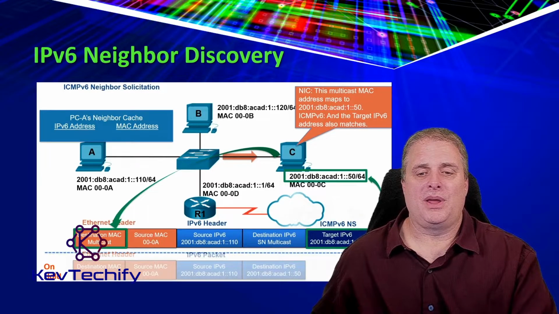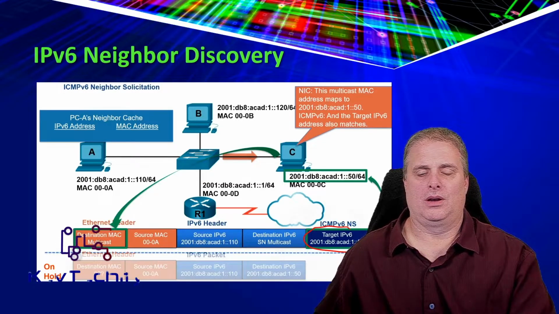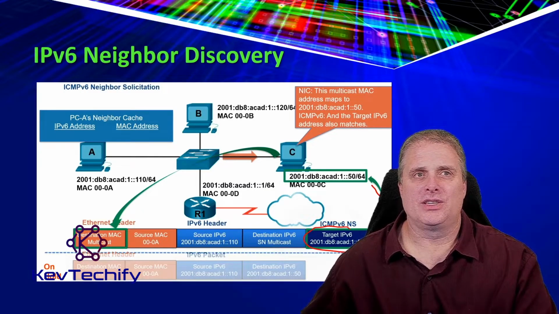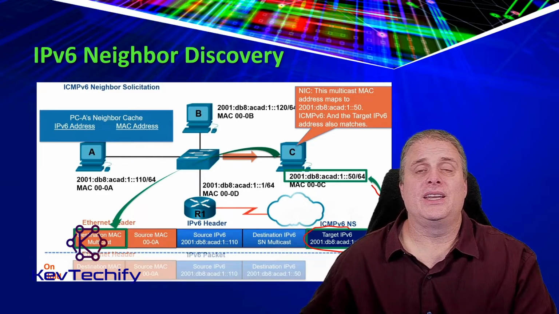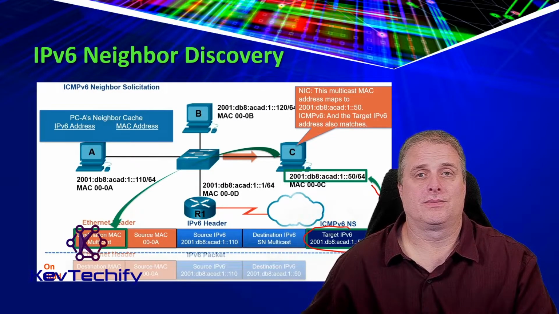The target IPv6 address matches its own IPv6 address. That IP address is a global unicast IPv6 address. And now host C knows it is the target of this ICMP version 6 neighbor solicitation message.